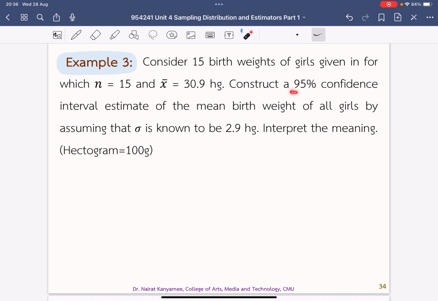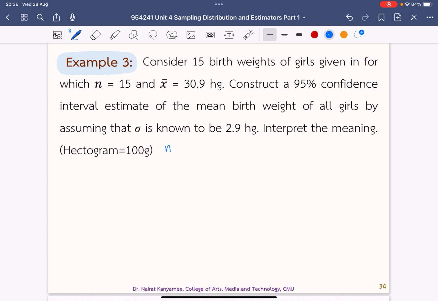Construct a 95% confidence interval estimate of the mean birth weight, the population birth weight of all girls, assuming that sigma, the population standard deviation, is known. Assume that sigma is known to be 2.9 Hg. We need to interpret the meaning, okay?